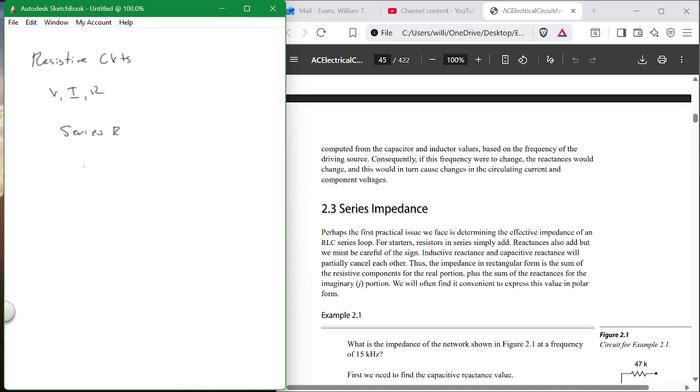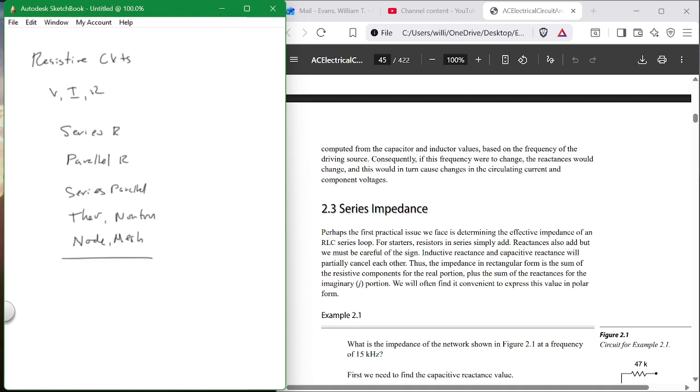And then you would say in parallel. And then what's the next chapter? Series parallel. And then what? Then your theorems, your Thevenin and Norton. And then mesh, node and mesh. And you're pretty much done.